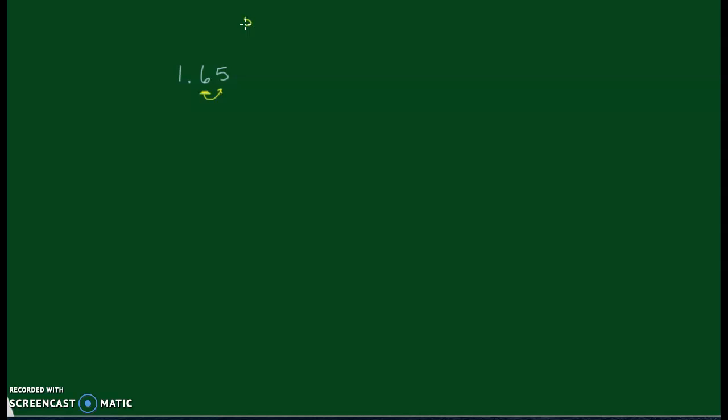Remember, when we round, if it's 5 or higher, we round up. Okay. If the number is 4 or lower, then the place we're rounding to stays the same. I don't like to say round down.